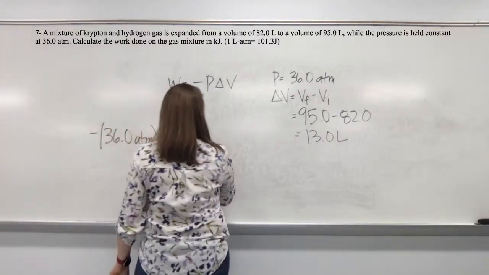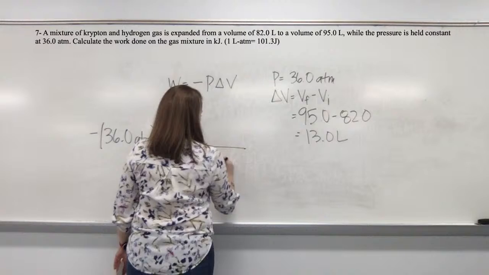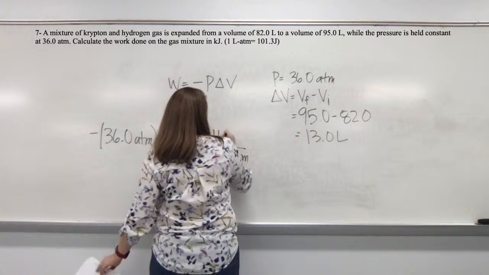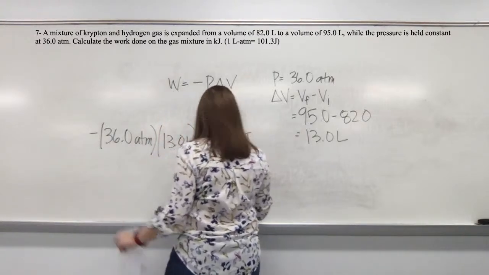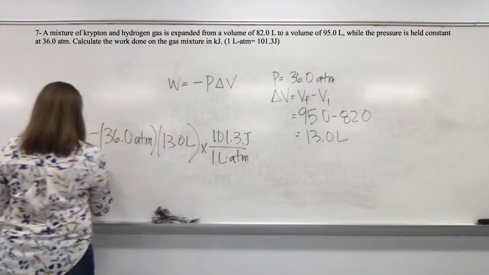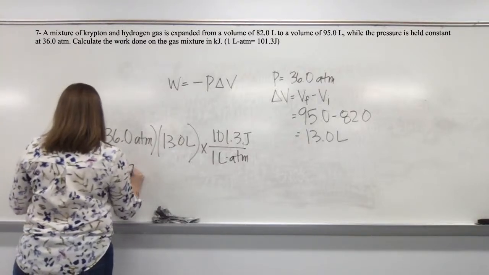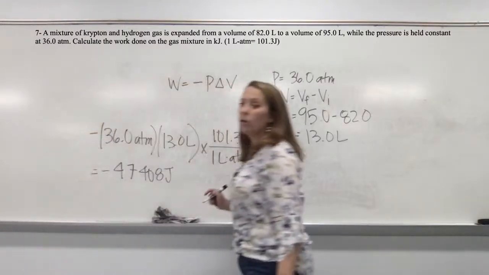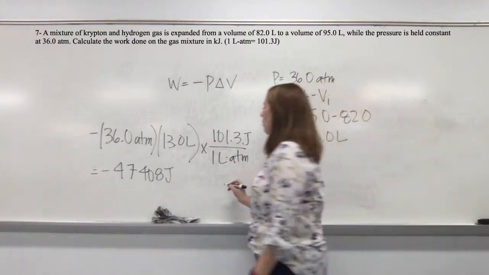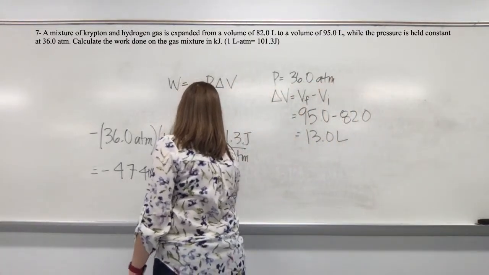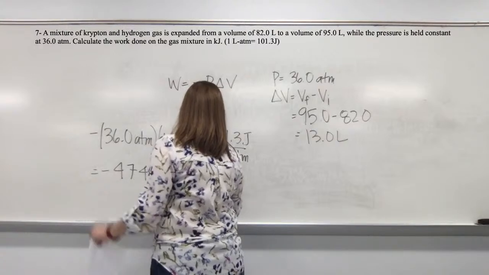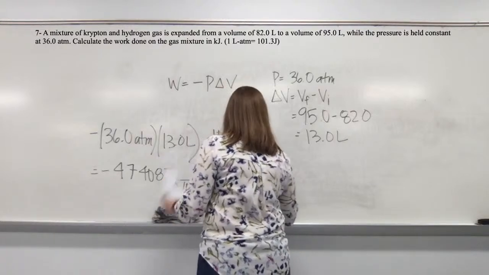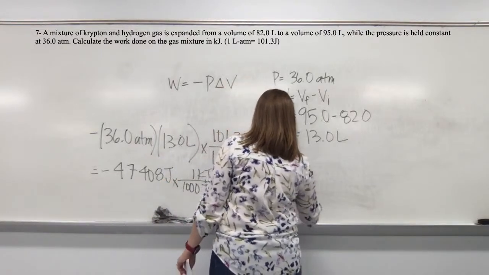So we're going to use our conversion of 1 liter atmosphere is 101.3 joules, which gives us negative 47,408 joules. But the question asks for it in kilojoules, so from here we can divide by 1,000. And trim back our sig figs, so we will get negative 47.4 kilojoules.